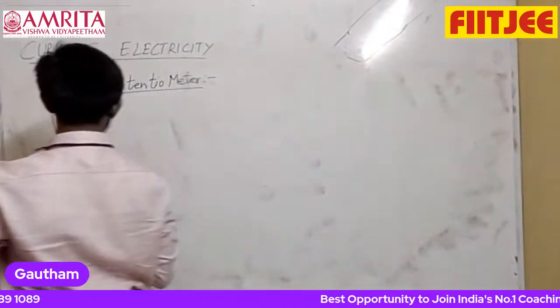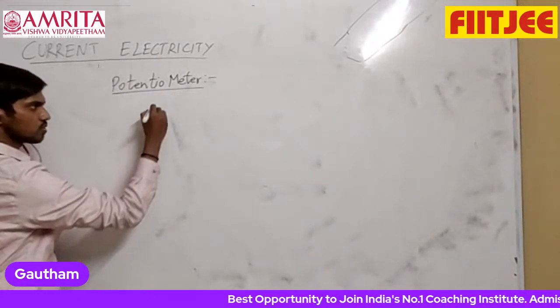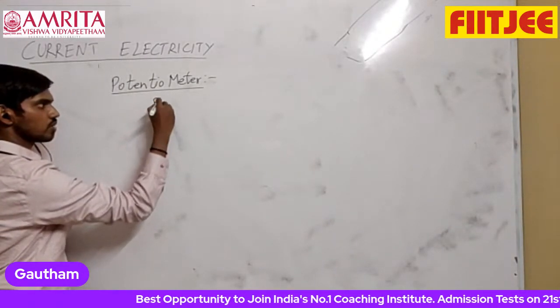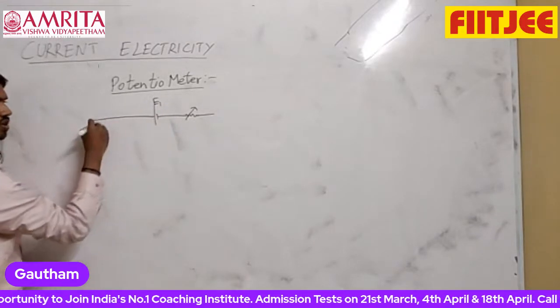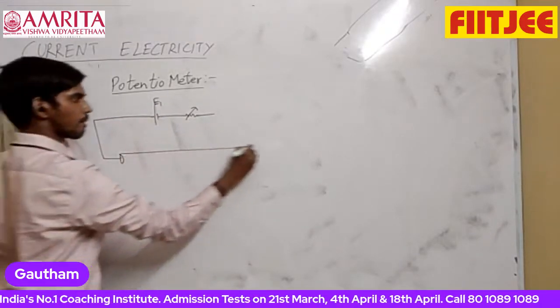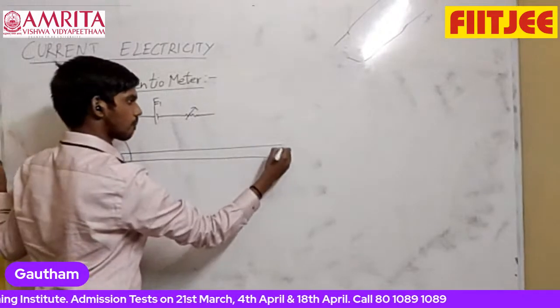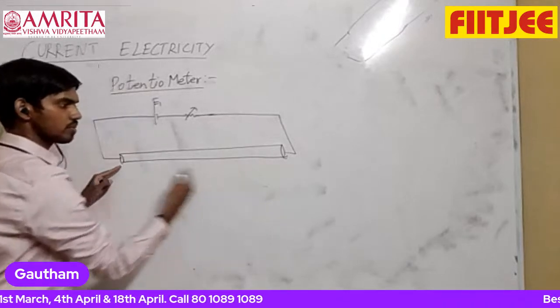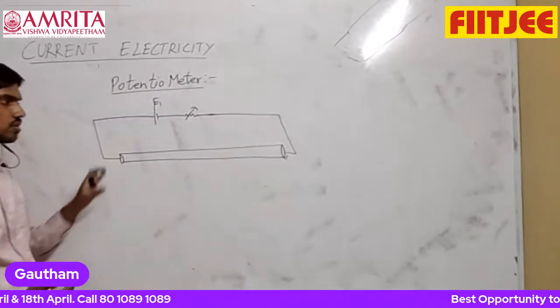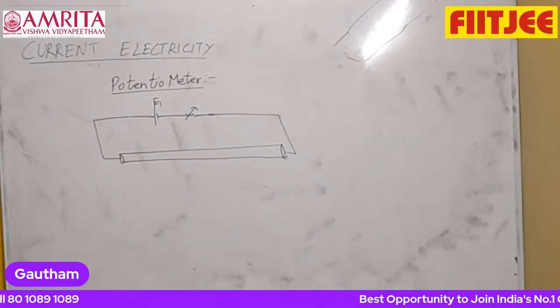So here you have two things. You have one primary circuit, E1, maybe some rheostat is there, and that is connected to a very long wire. You might have seen in lab, it will be so long that it will be bent into multiple parts, but the concept remains the same.